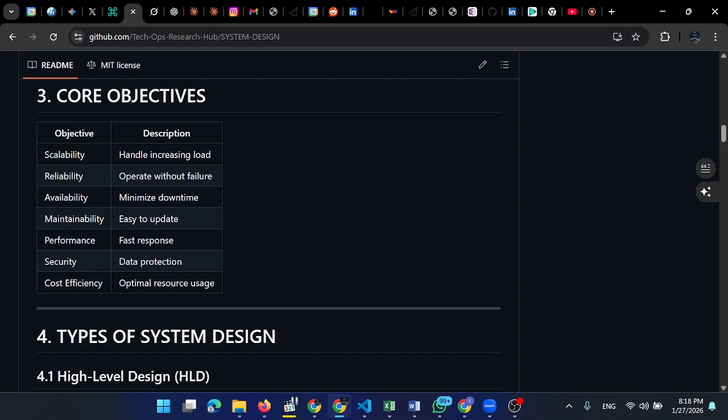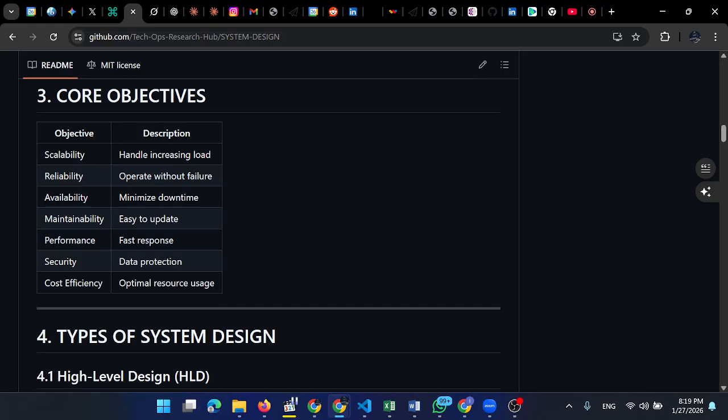So operate without failure, reliability, that's very key. Then we have what we call availability. In availability, we're trying to minimize downtime, right? Very, very important. And then we have what we call maintainability. How easy is it to update our software? Then we have performance. In performance, we're looking at the fast response, right? Then you have security. For security, we're looking at data protection, very, very important.